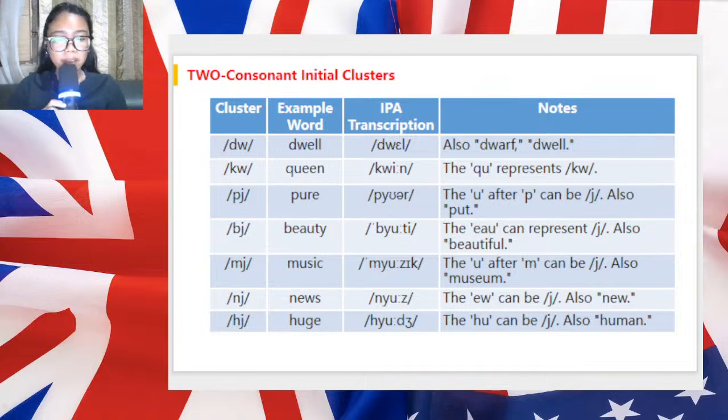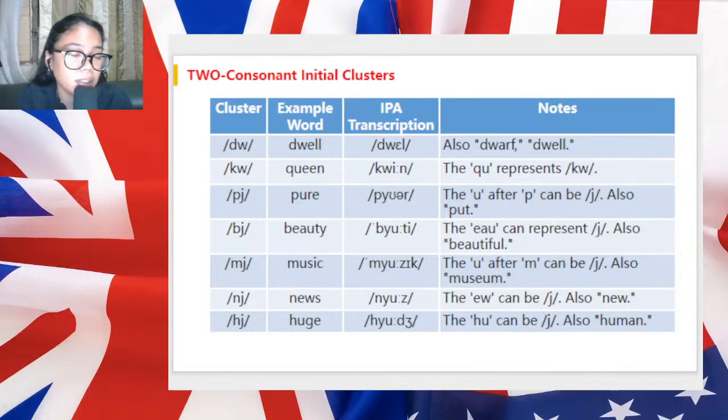Following that, we have BJ. It's not in the spelling, as well as in the voiced or voiceless sounds.